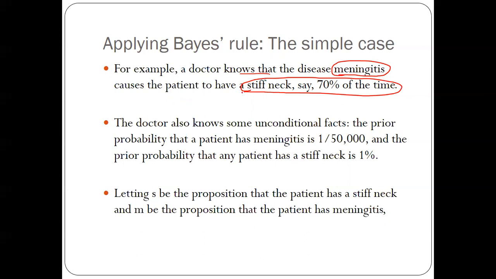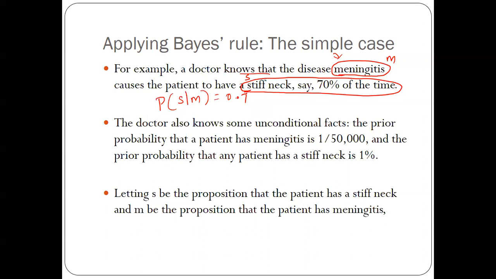Let us represent meningitis as M and stiff neck as S. So if somebody is suffering with meningitis, they will have a stiff neck 70% of the time. The probability of having a stiff neck, given that they have meningitis, is 70%.